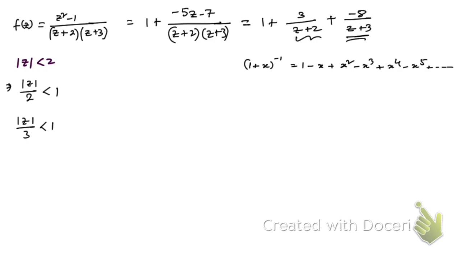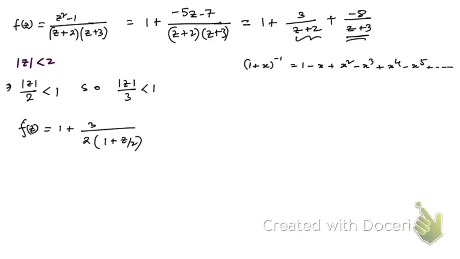Let me write this here. Now we can write f of z is equal to 1 plus 3. Let's take 2 common. Then we're going to have z by 2 plus 1, or you can write 1 plus z by 2, and plus here you can write minus, because there is minus 8.